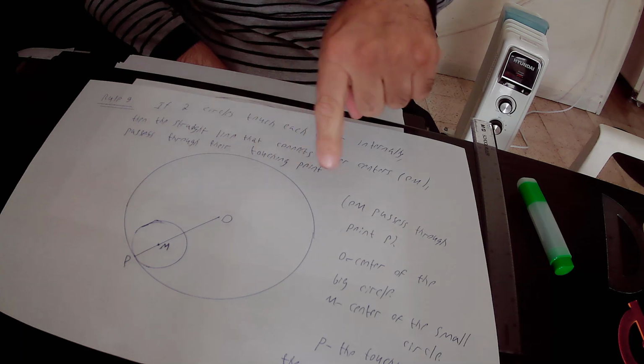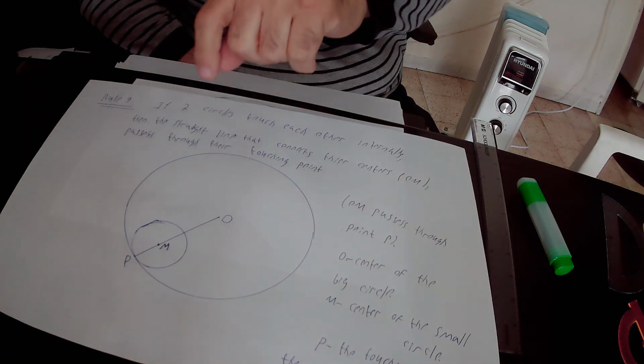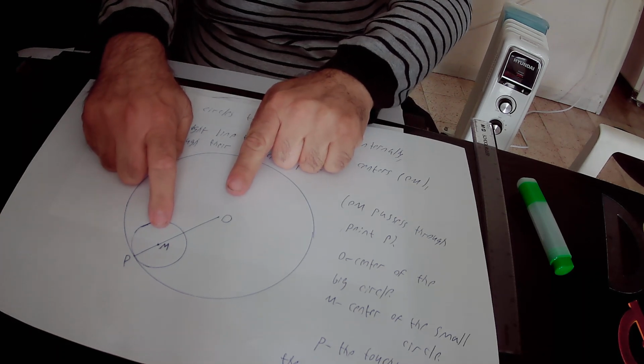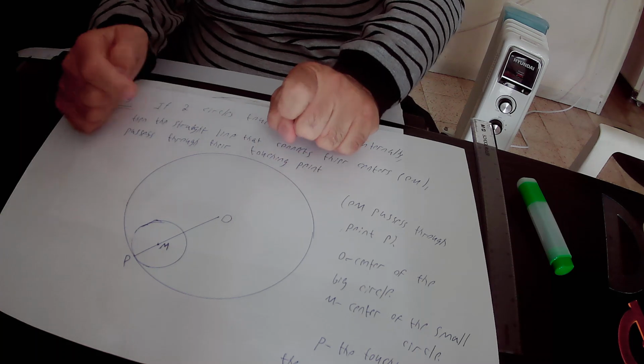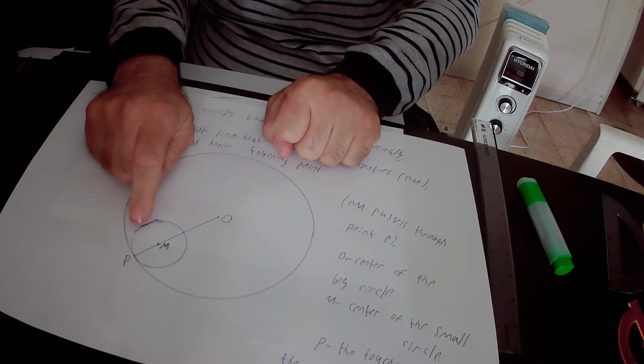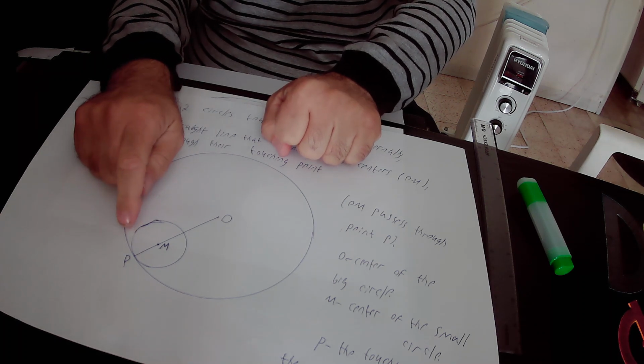The center of this big circle is here at point O, the center of this small circle is here at point M. The straight line that connects the centers together is the straight line OM. According to this rule number 9, the straight line OM must pass through point P, or OMP is one straight line.